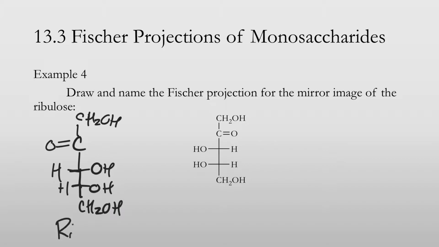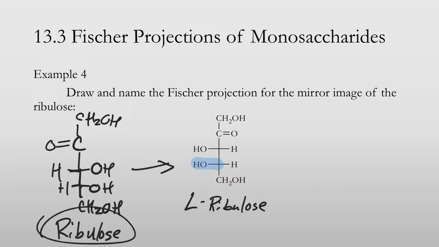So this is ribulose, and the mirror image of it is right there. So what we can see is the penultimate carbon in the mirror image of ribulose has the alcohol on the left, so this would be L-ribulose. And just regular ribulose, probably the predominant form of it is D-ribulose.